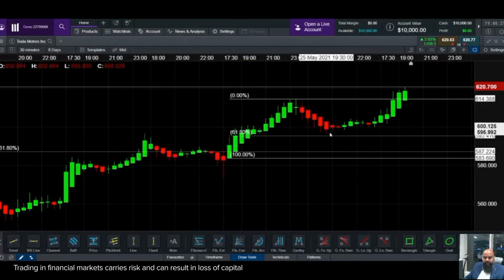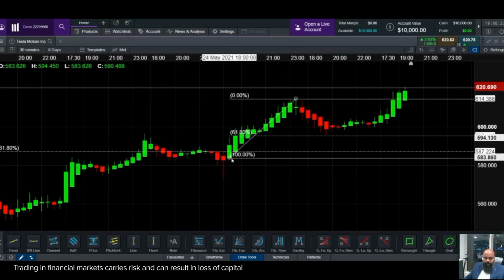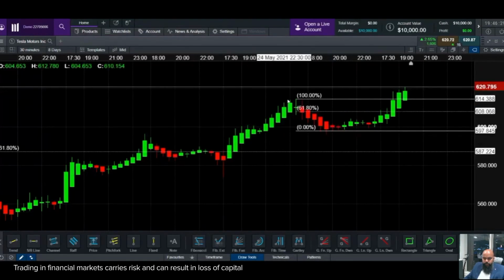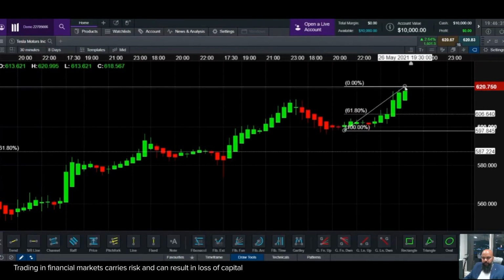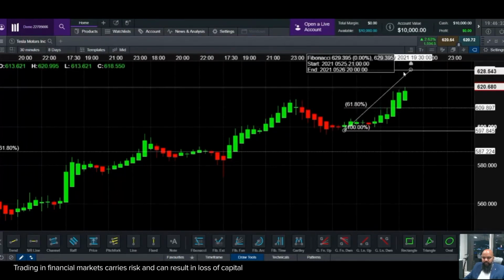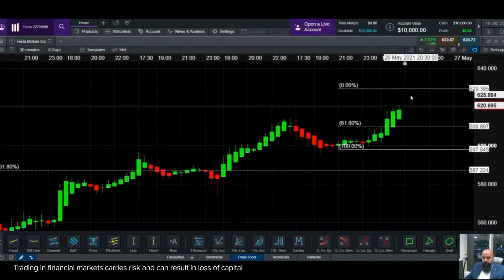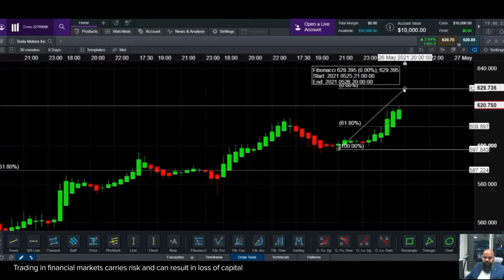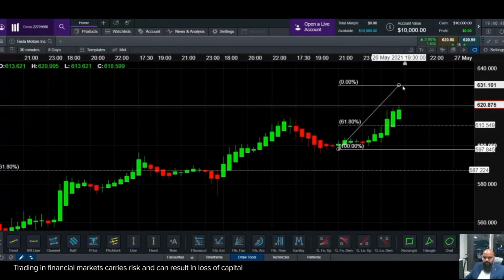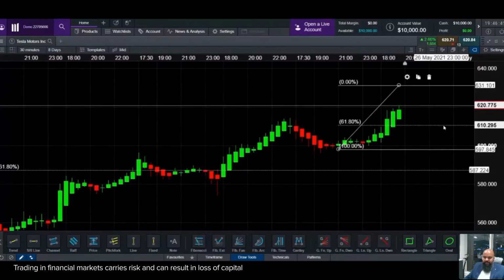It jumped up, it came down, did not touch 61.8, but nevertheless, it was a good entry point at that point of time. Right now, it is going up from here and it is still going up. So I would not know till where it goes up. I need to wait for the price of Tesla to drop. Then I can put my up point and then see where to enter back on a 30-minute time frame.